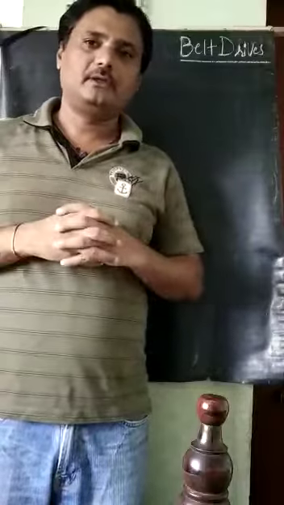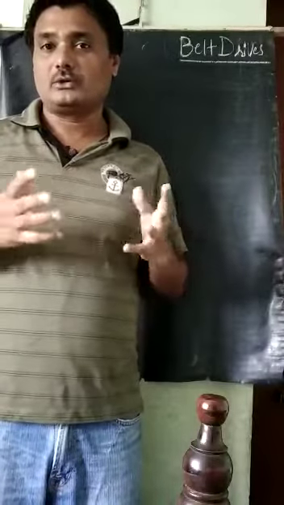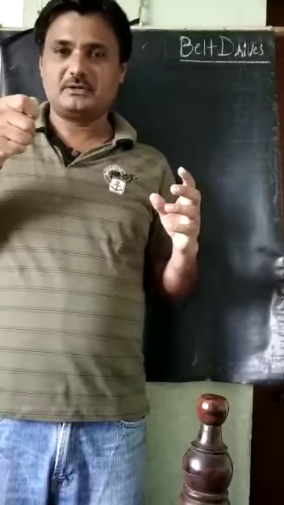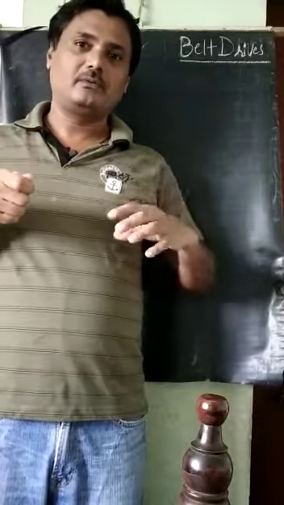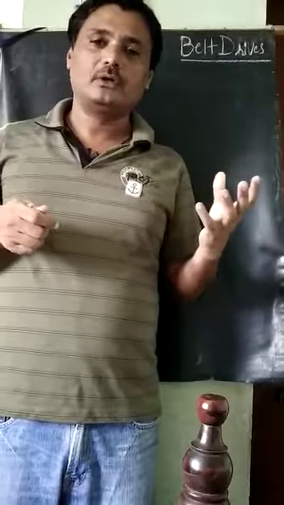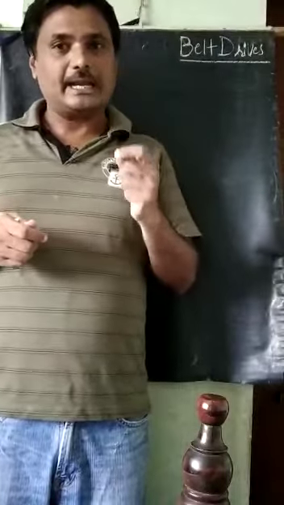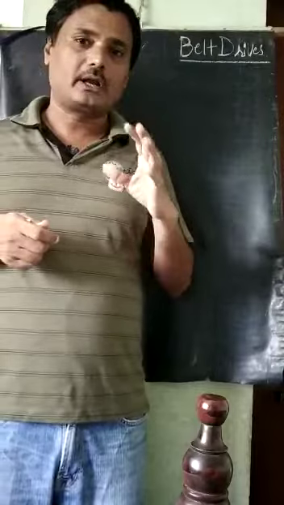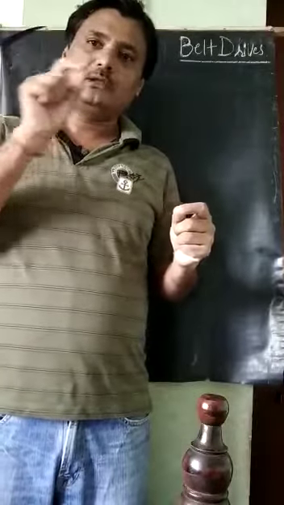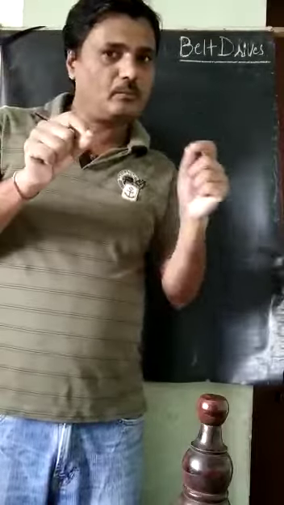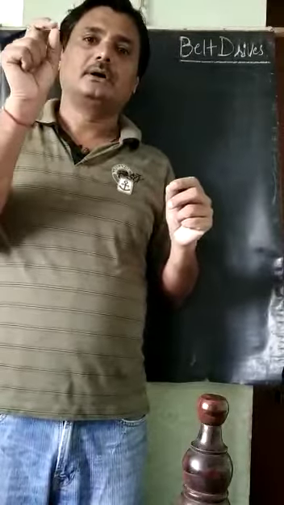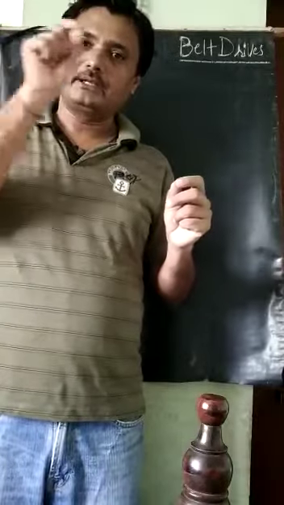Likewise, we can see Gandhi's charka, the charka machine. That was used 50-60 years back. How? To make a thread from cotton and all. So what they did, they connected one big wheel and one small wheel, and by some thread or rope, they connected these two.